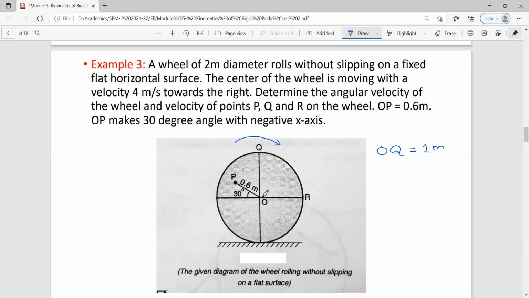So the center of the wheel is point O. It is moving in which direction? In the right direction. And that velocity of point O is given to us. How much is it? Velocity of point O is 4 meter per second towards right.